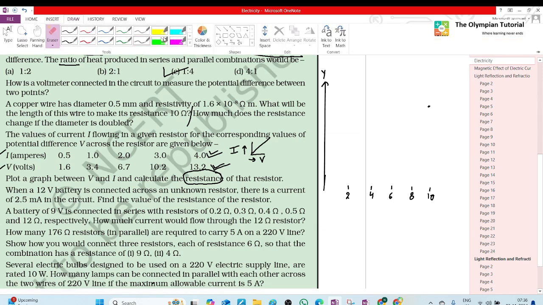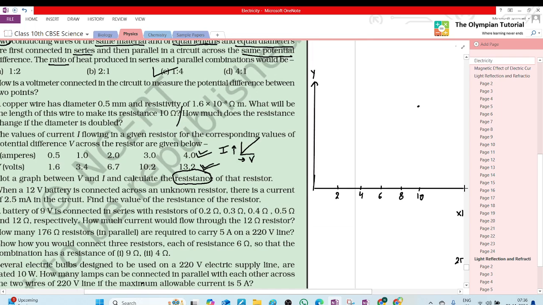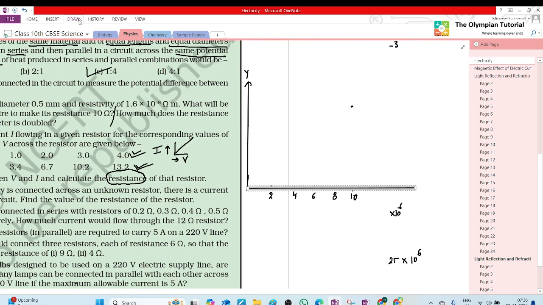Getting it or not? In case of any doubt you can ask. Like this: 10, 12 and 14.